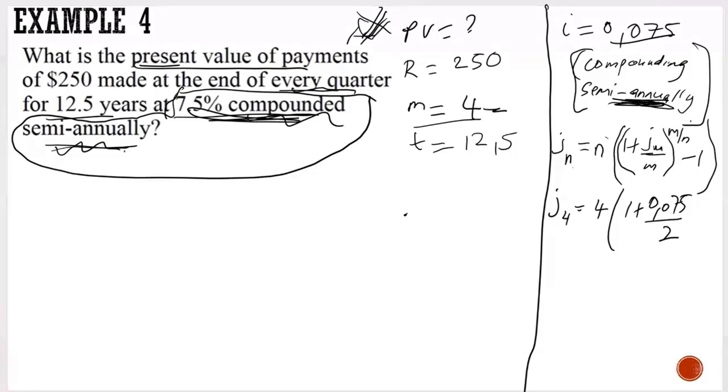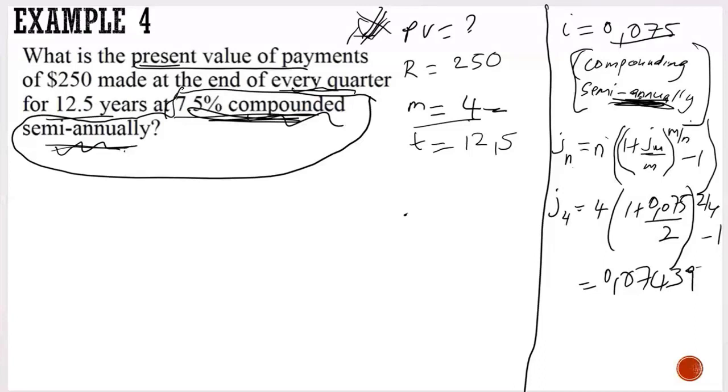So now our M is 2, to the power 4, minus 1. This is the formula that you would use to convert semi-annually to quarterly. You substitute everything, and you'll get that your interest rate is going to be 0.074. This will be the interest rate that you would use if you are doing this manually.